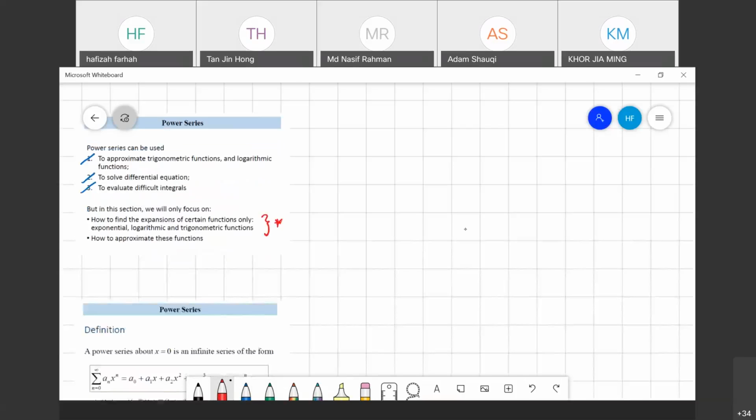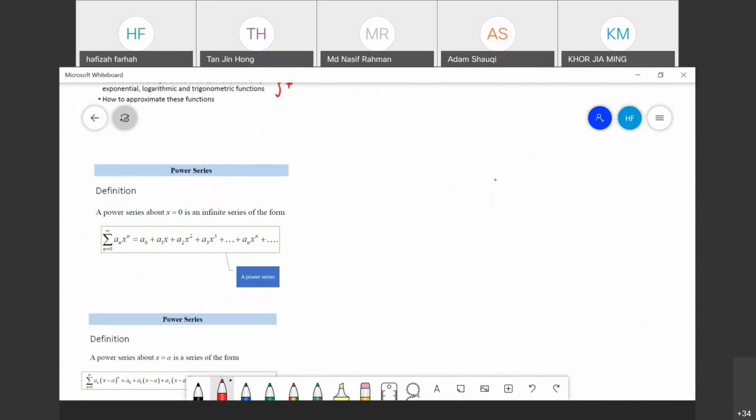A power series, we can define it as the summation of a sub n x to the power of n, where n starts from 0 up to infinity.